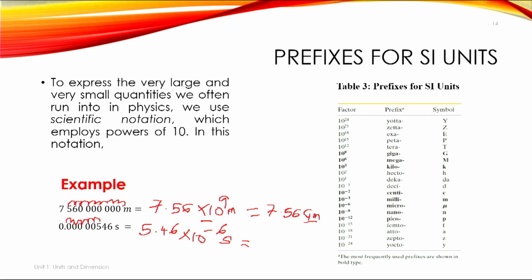So in other words, 10 raised to power minus 6, as we can see on the prefix table here, is equivalent to micro. So we can therefore write 5.46 microseconds. The mu here signifies micro. So this is a way to use scientific notation for a very large number representing any physical quantities.